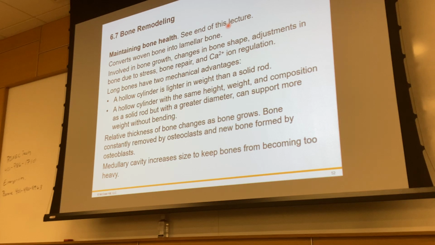That remodeling process occurs throughout your life, and it is a combination of bone repair and calcium ion regulation, and then also as your activities either increase or decrease, the response of your bones can change over time.